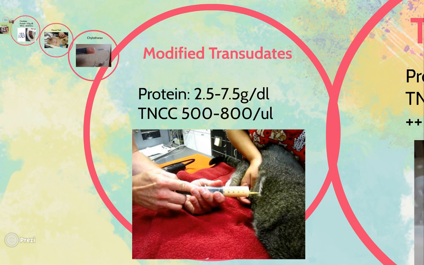If it's a round cell or epithelial cell tumor, then yes, sometimes you can find them and get an idea that it is neoplasia. However, if it's something like a hemangiosarcoma, or in general a mesenchymal type neoplasia, they often do not show up in effusions.